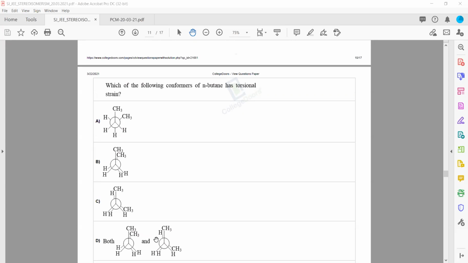Van der Waals strain is there, and van der Waals strain is one of the important reasons for the n-butane eclipse conformation to be unstable. But torsional strain is also a factor for all the eclipse conformations of the open chain as well as the cyclic molecules. So now if I talk about the eclipse conformation, which conformer has a torsional strain?